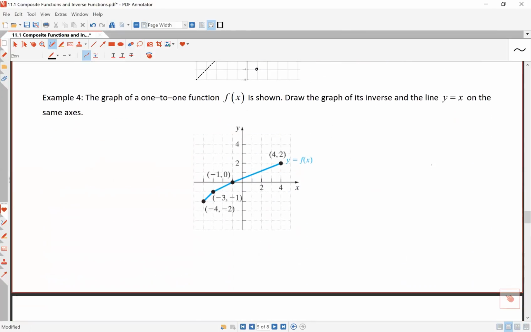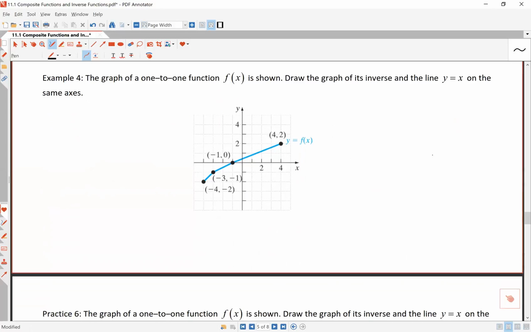So in order to take the graph of an entire one-to-one function and draw the graph of its inverse, all we have to do is take all the ordered pairs from the function f of x, and now swap them.